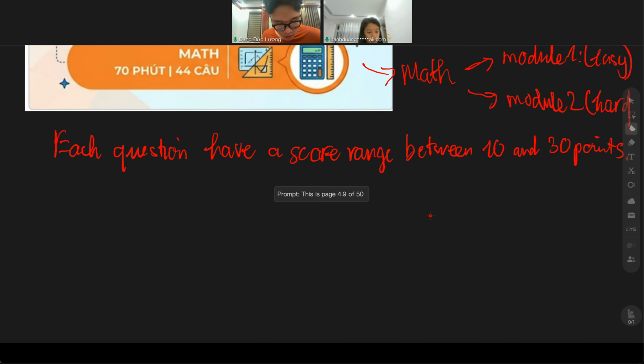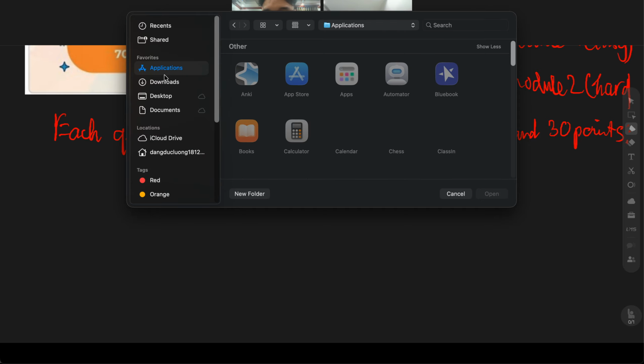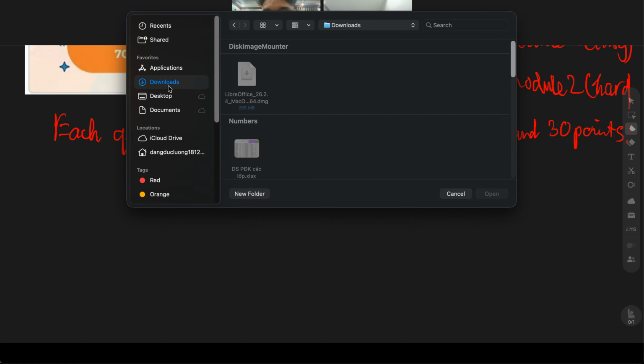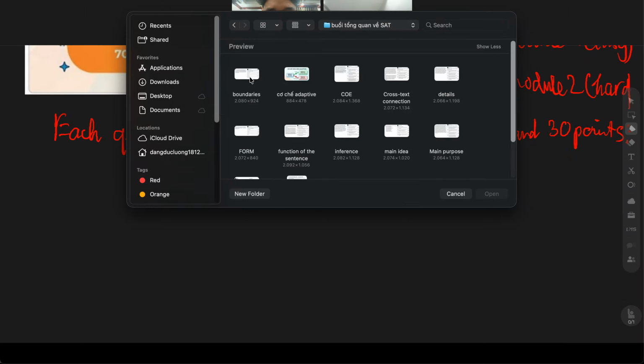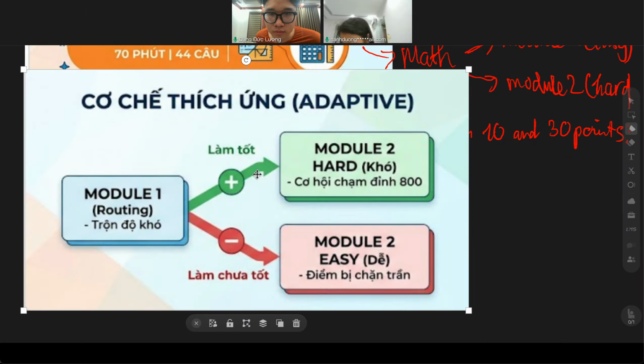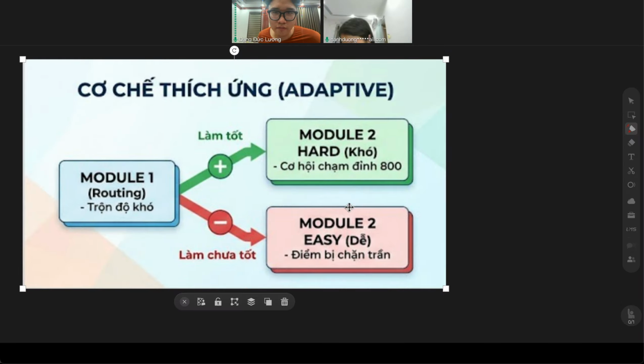And here I'm gonna talk about the adaptive structure. It is the adaptive mechanism, okay. Each part of the test you will have two modules, right?